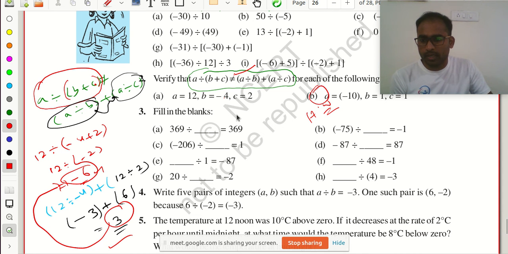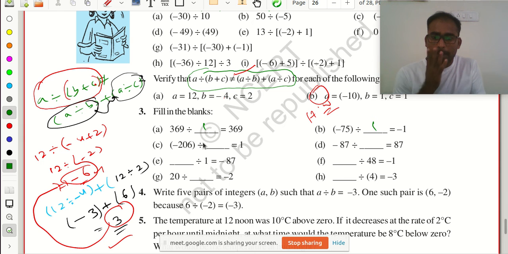And here, what should we put here? 369 divided by what? Then I will get 1, here 1, here C. Minus 206, 1 is there.